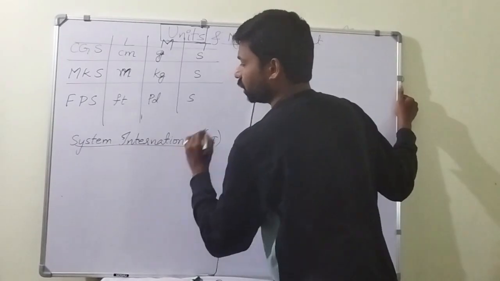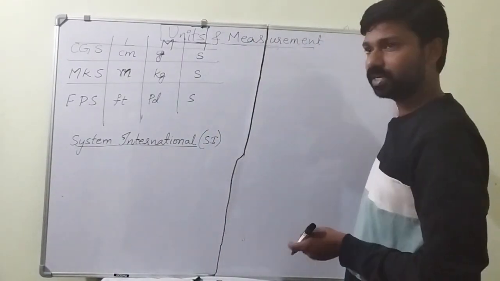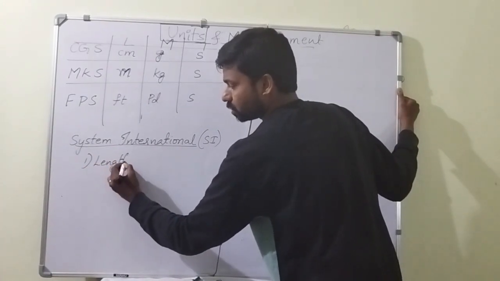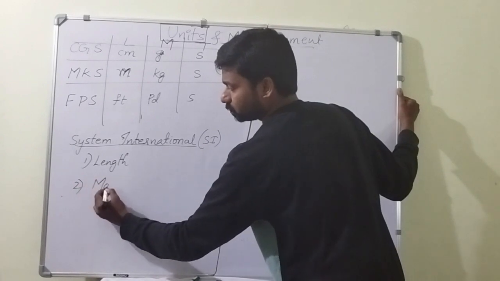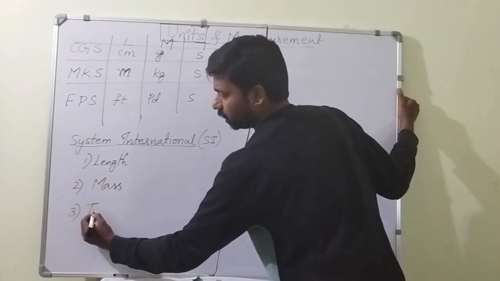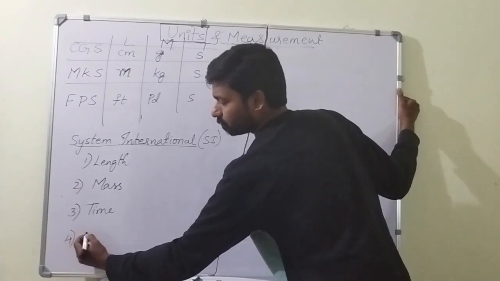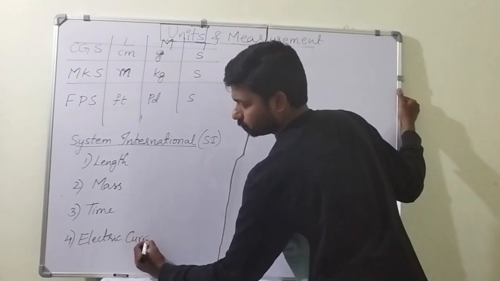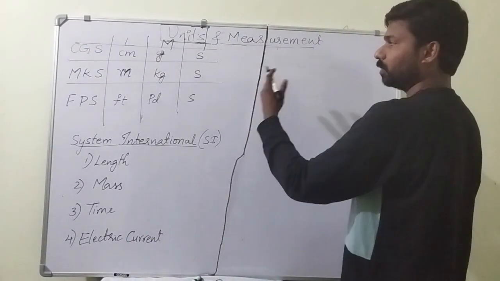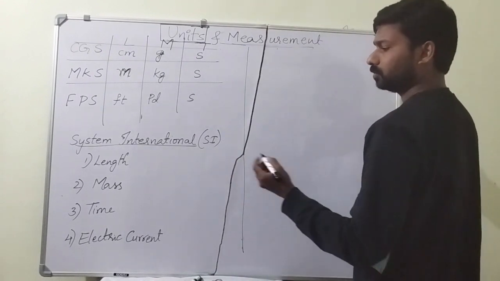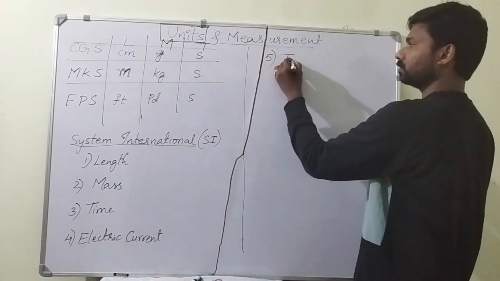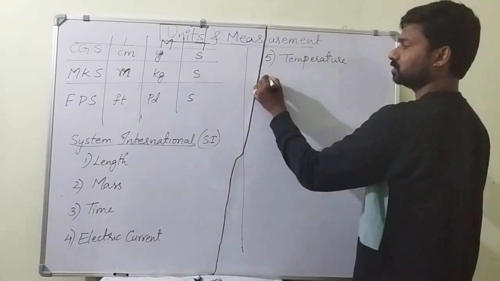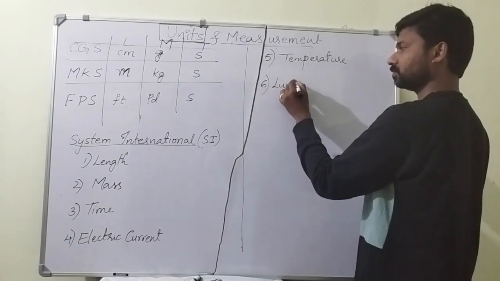In System International, instead of only 3 fundamental quantities, 7 fundamental quantities are taken. What are those? First is length, second is mass, third is time, fourth is electric current, fifth is temperature, sixth is luminous intensity.